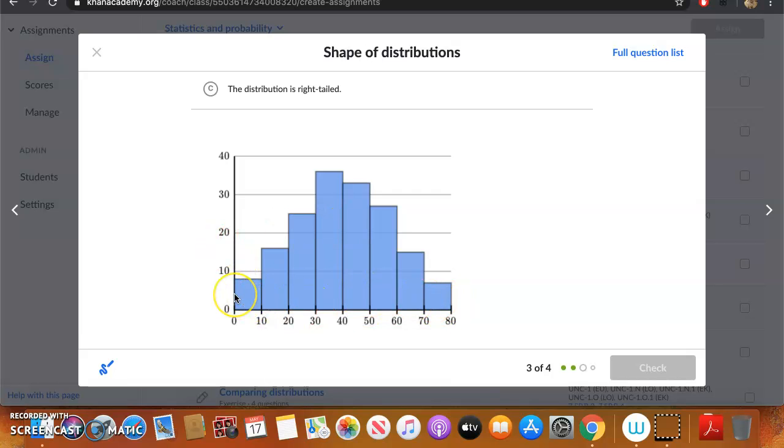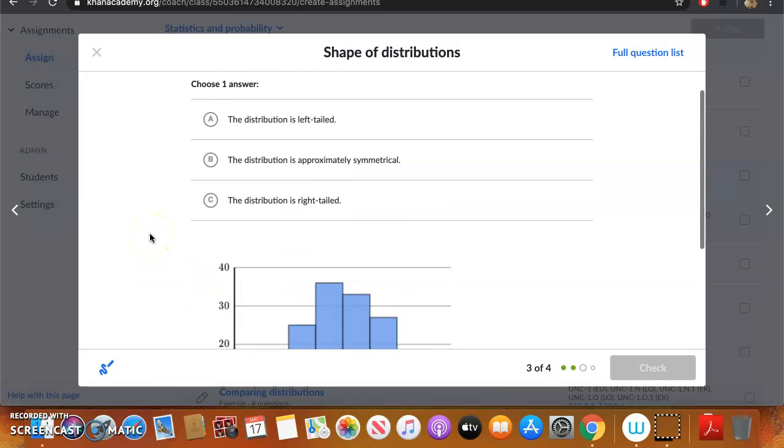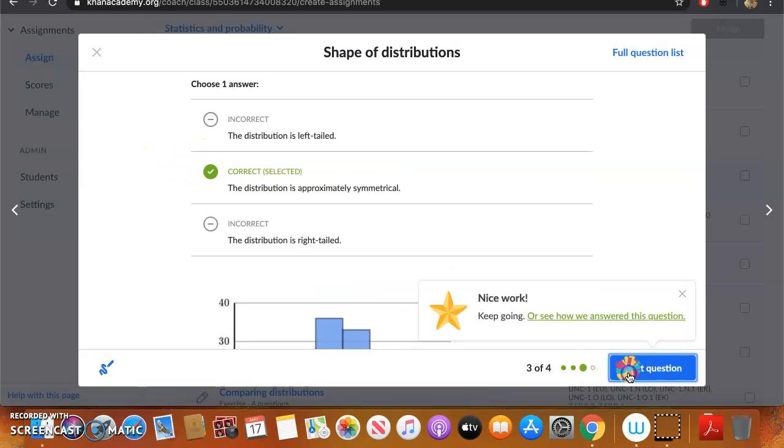We don't have a majority of the data on either the right or left sides. It looks like we have a unimodal distribution going right through the middle, and it looks like it's sort of evenly placed onto the left and to the right side of your data. So therefore, we can call this distribution approximately symmetrical.